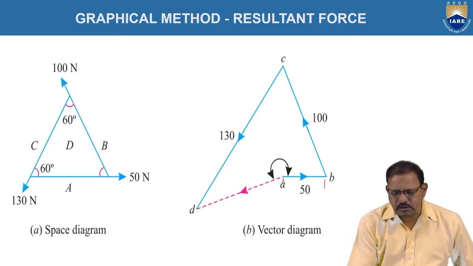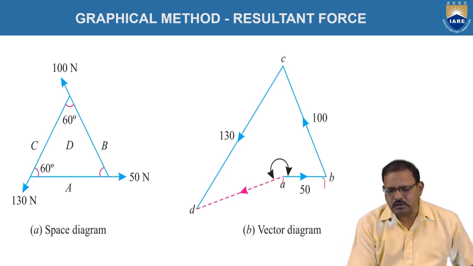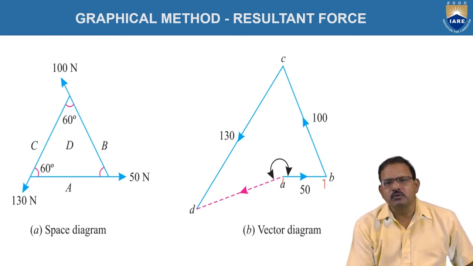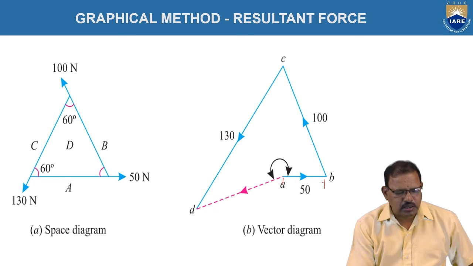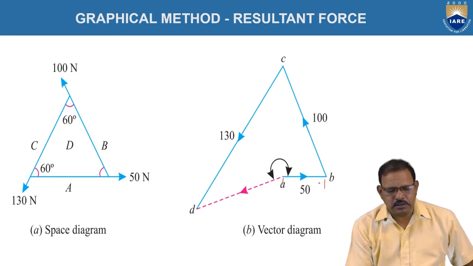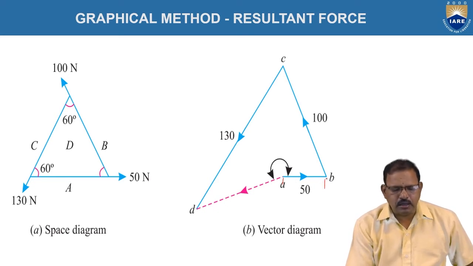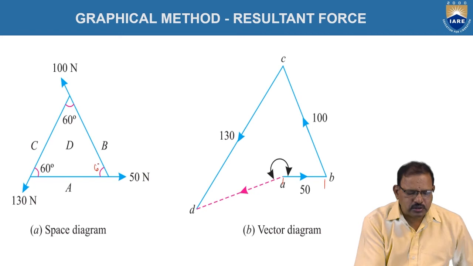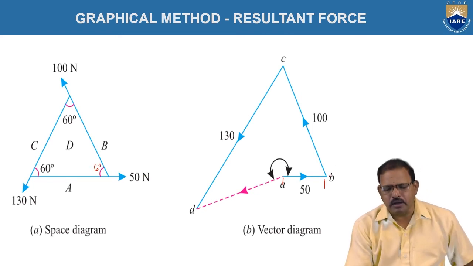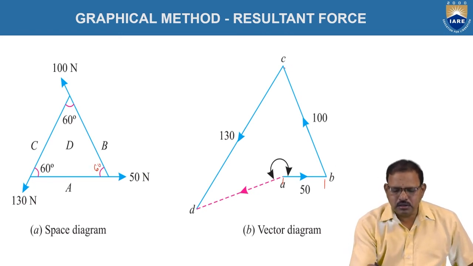So first take AB equal to 50 newtons, that is 50 mm, which is representing both the magnitude and direction of the force which is acting on the base A. From B, again represent 100 mm at 60 degrees according to the triangle, both in magnitude and direction.